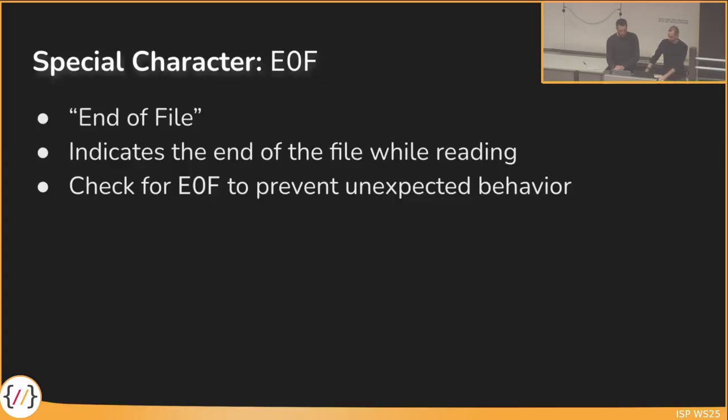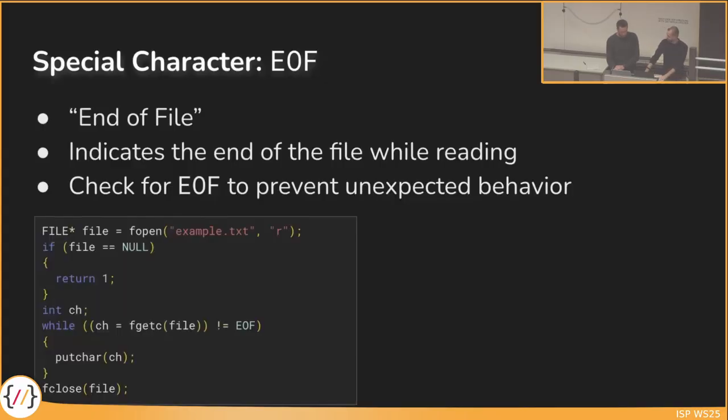Okay. And we have here an example where we first open a file called example.txt without any absolute path, so it's just within the directory where we are also starting our program, with the mode R, meaning that we want to open it for reading.